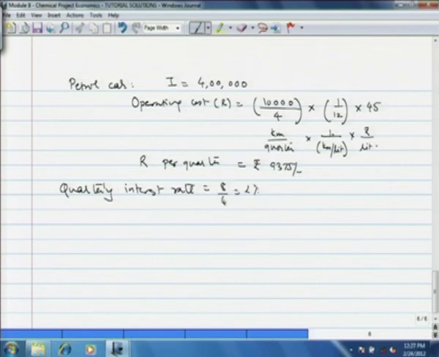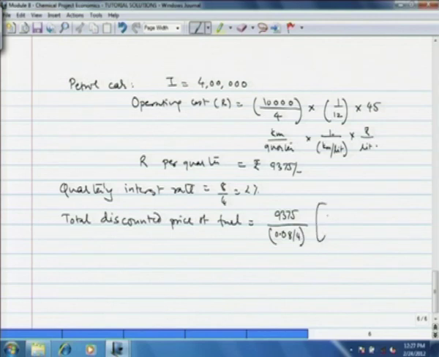Then the total discounted price of the fuel will be 9375 divided by 0.08 by 4 into 1 minus 0.08 by 4 raised to minus 4 into 10, where 10 years of operation, 4 quarters per year.